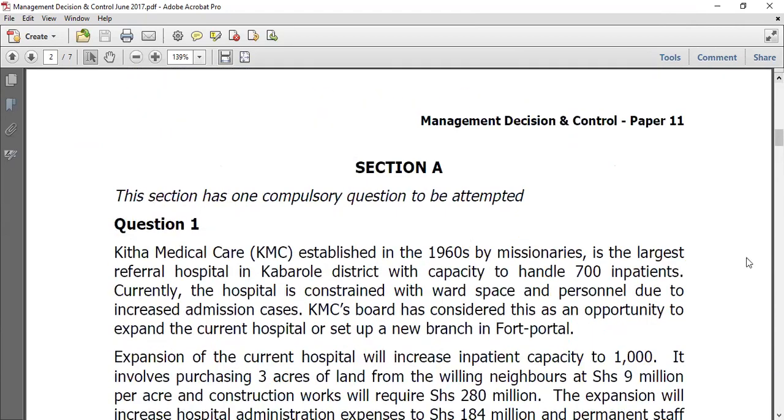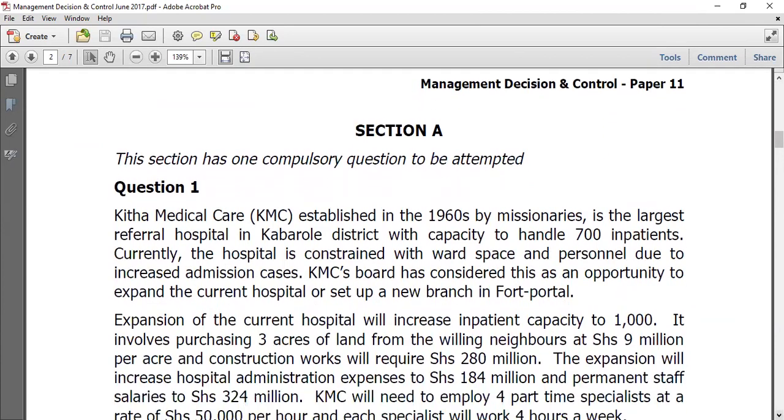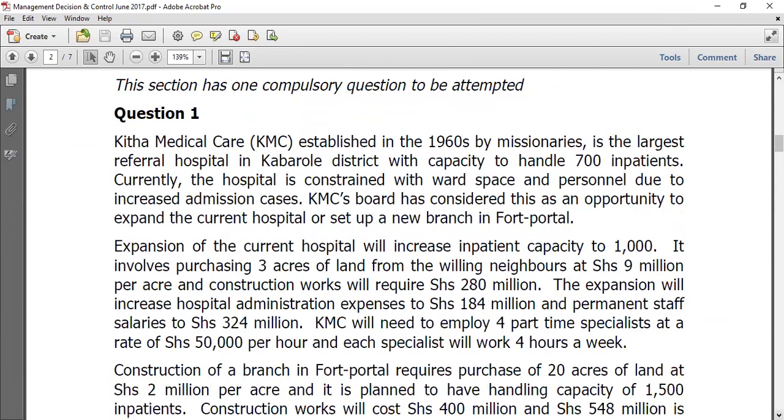So they are telling us that Kitha Medical Care, established in 1960 by missionaries, is the largest referral hospital in Kabarole district with the capacity to handle 700 patients. They are telling us that currently the hospital is constrained with ward space and personnel due to increased admission cases. KEMC's board has considered this as an opportunity to expand the current hospital and set up a new branch in Fort Portal.